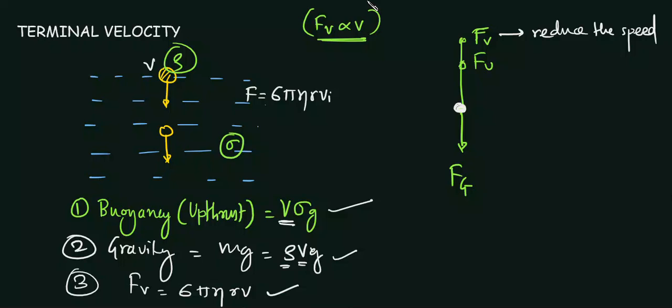So, this is the velocity V. When it comes downwards, up to this point the velocity is changing, and now the velocity will be constant while it is falling, because there will be a time when all these forces are balanced, like we have seen in current electricity drift speed, when all the opposing and accelerating forces are balanced. There comes a time, and that is the terminal velocity.